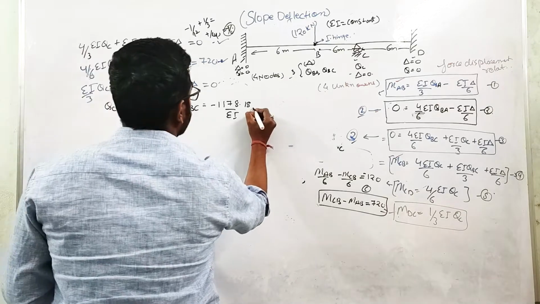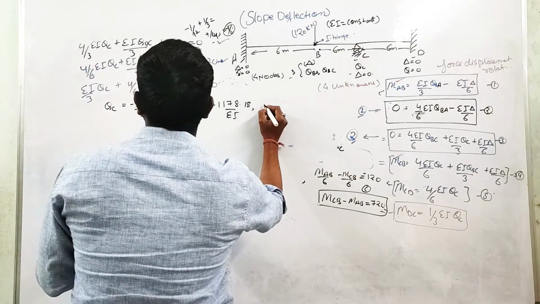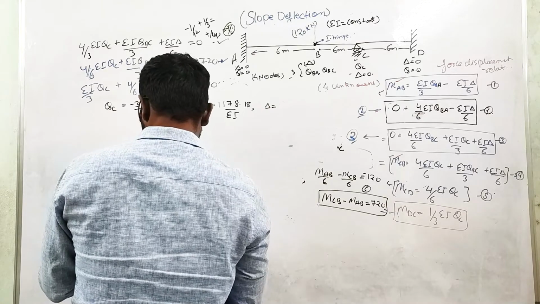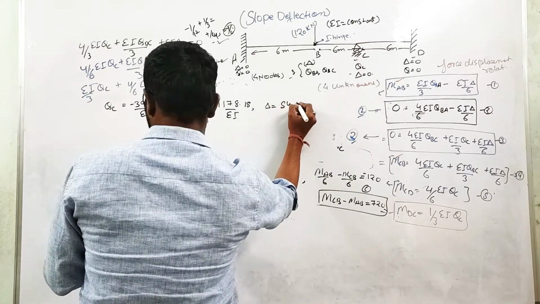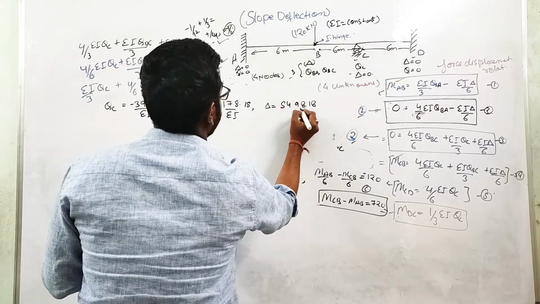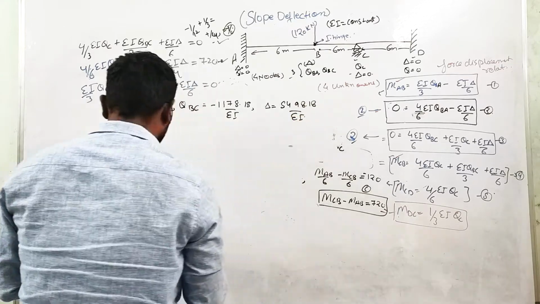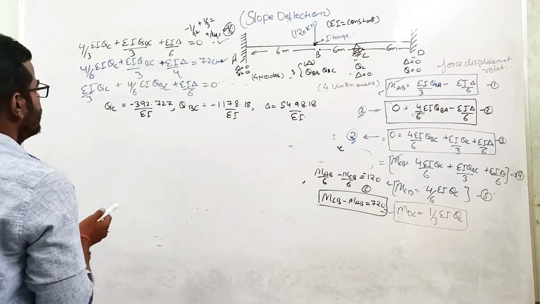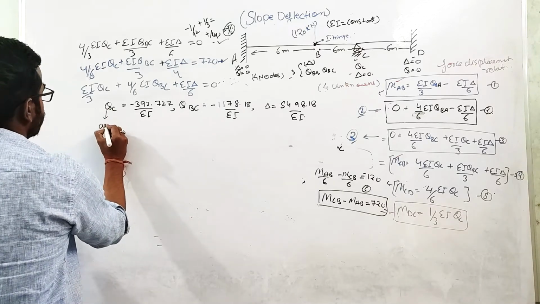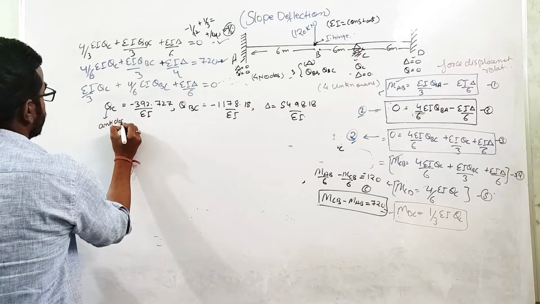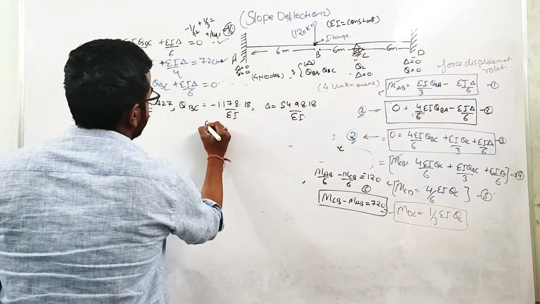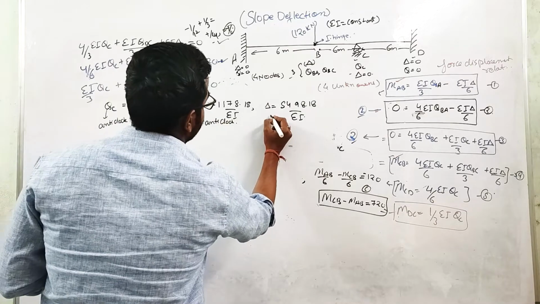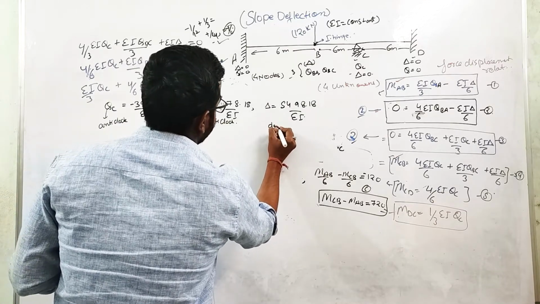And delta is equal to 5498.18 over EI. Now, what is the importance of this negative sign? We have already discussed it. This means this is anti-clockwise. This is also anti-clockwise rotation. And delta is positive, means downward displacement.